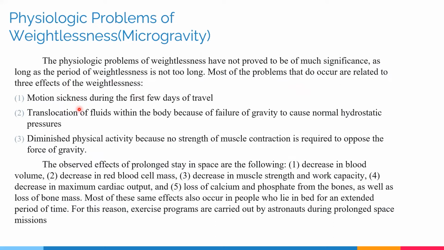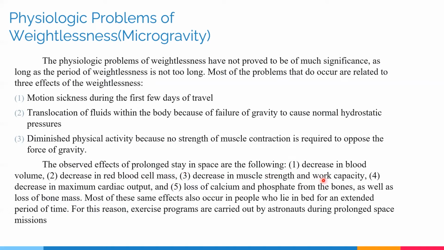The first is motion sickness during the first few days of travel. Second is translocation of fluid within the body because of the failure of gravity to cause normal hydrostatic pressures. Third is the diminished physical activity because no strength of muscle contraction is required to oppose the force of gravity. The observed effects of prolonged stay in space are as follows.